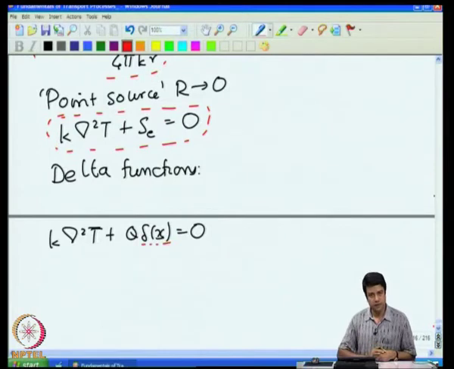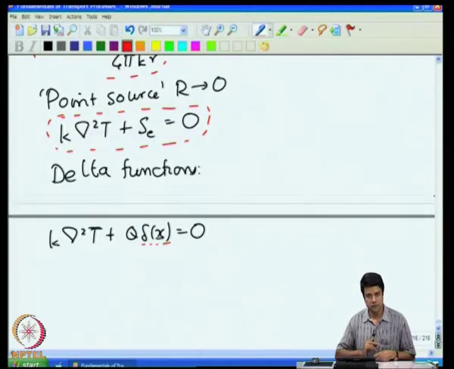It has to be defined in such a way that the delta function source is non-zero only at x equal to 0, the source is 0 everywhere else, and the total amount of heat coming out from Q delta of x has got to be equal to Q itself.